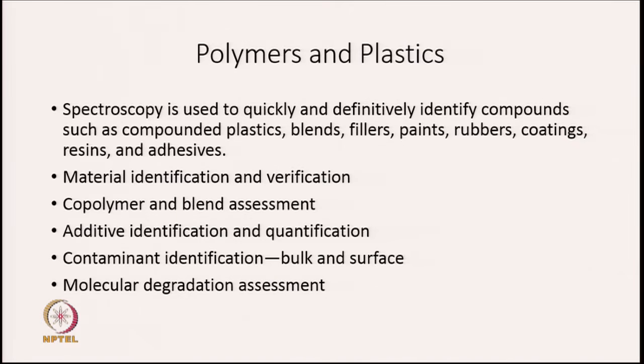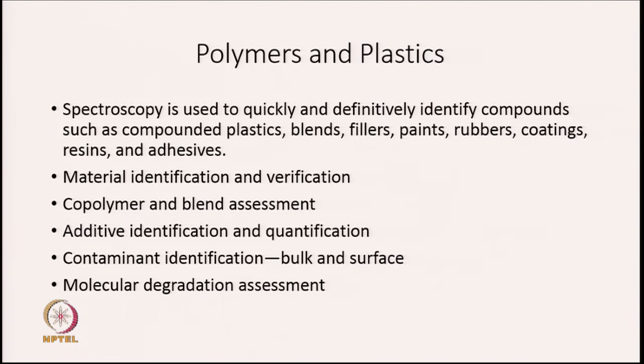Apart from these applications, spectroscopy also has applications in polymer and plastics. It can be used to quickly and definitively identify compounds such as compounded plastics, blends, fillers, paints, rubbers, coatings, resins and adhesives.